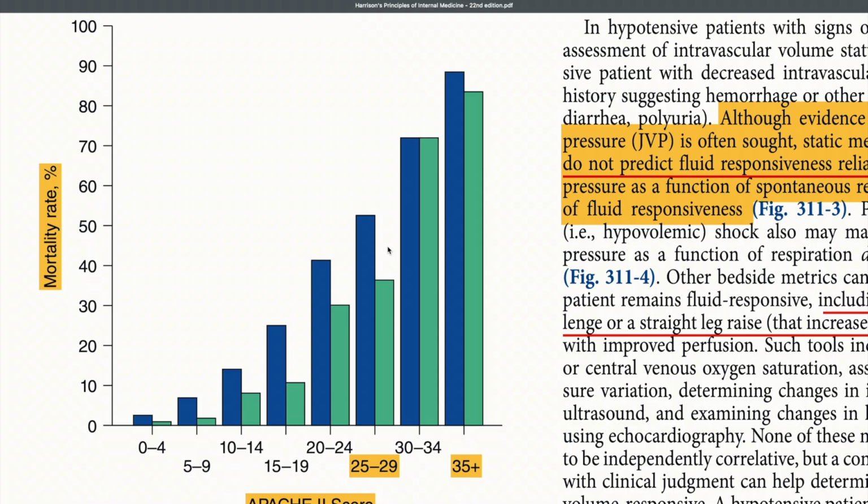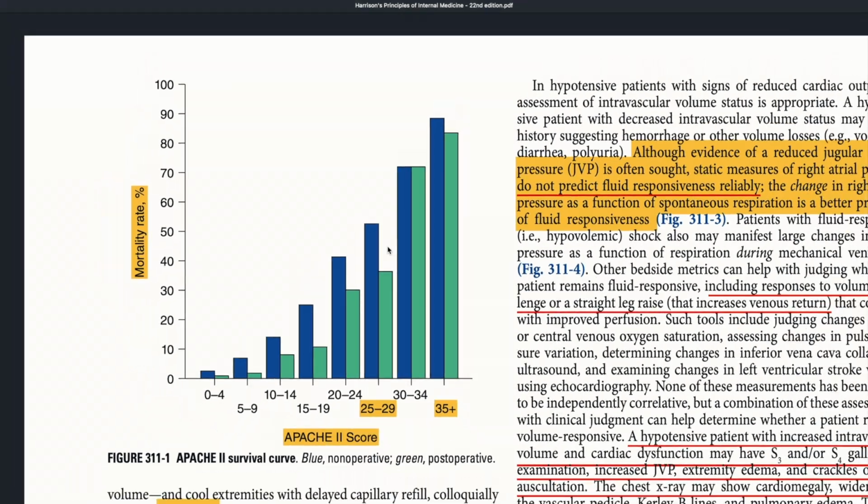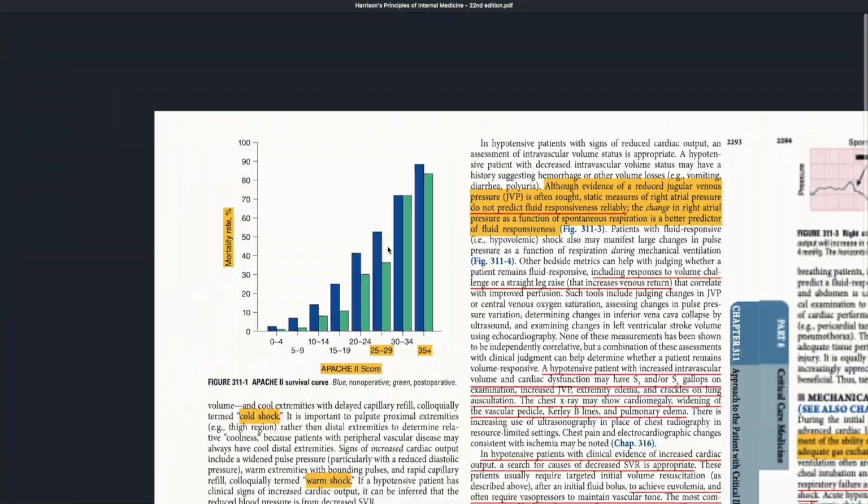So the APACHE scoring system is mainly used for prognosis and benchmarking ICU outcomes, and it's still in research trials, not for moment-to-moment bedside decisions.